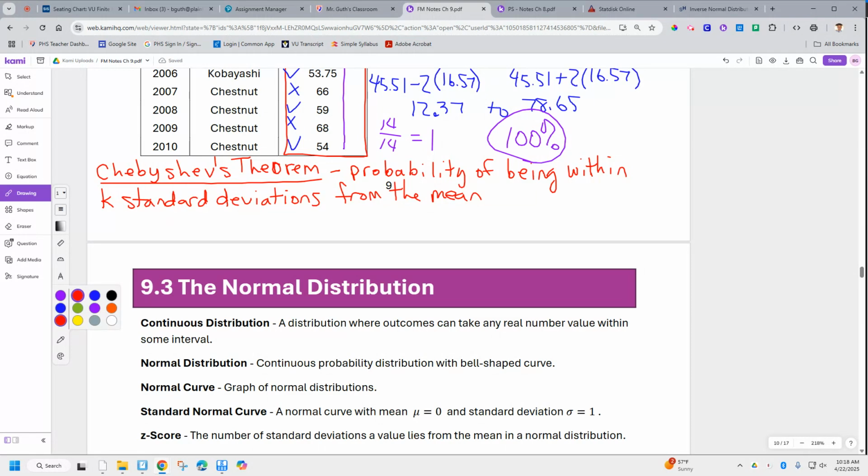The probability of being within K standard deviations from the mean is at least 1 minus 1 over K squared. Side note, K must be greater than 1.